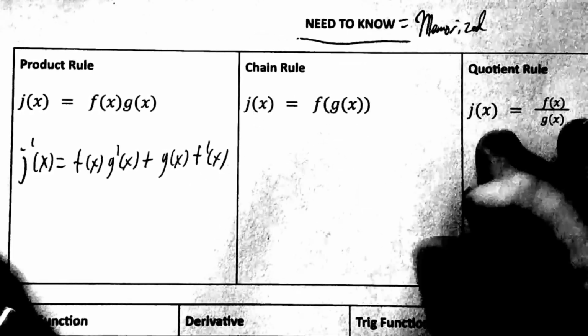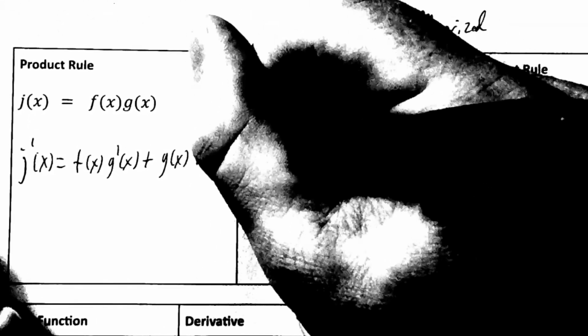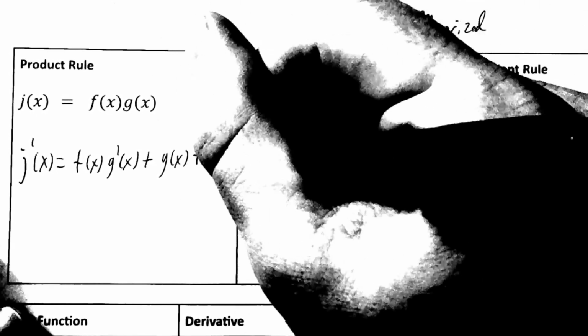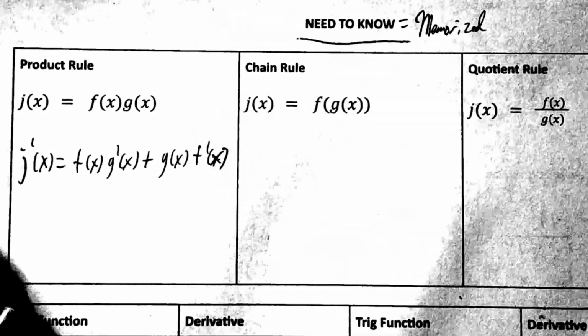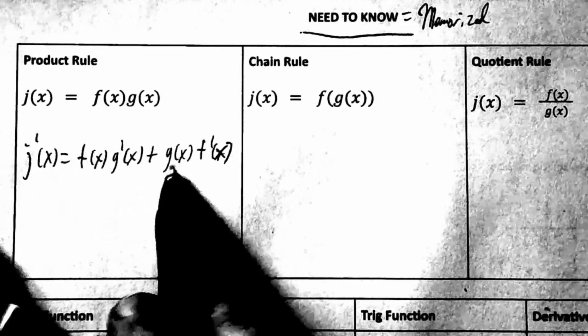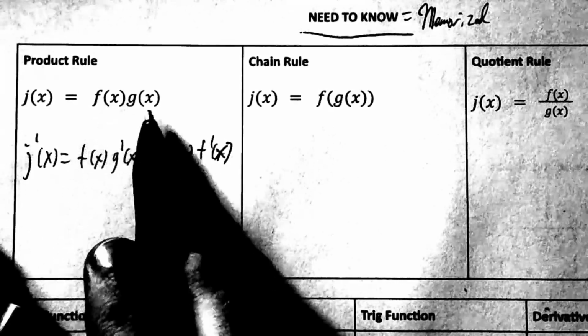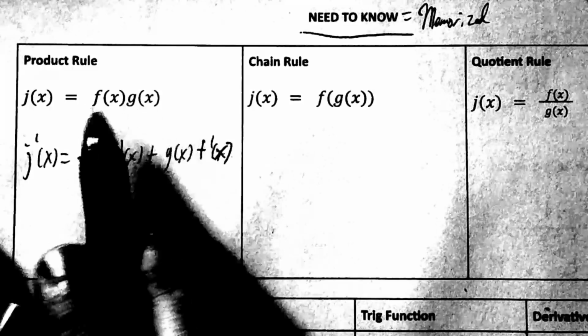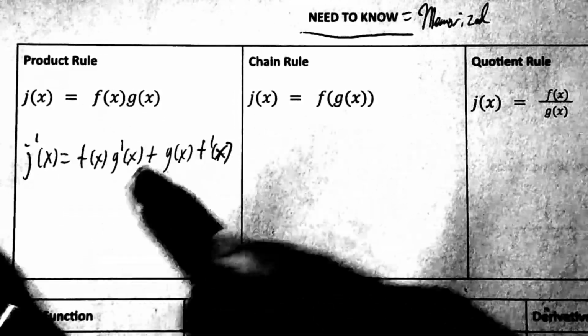And that can be easy to remember through left d right plus right d left. Left times the derivative of the right plus right times the derivative of the left.